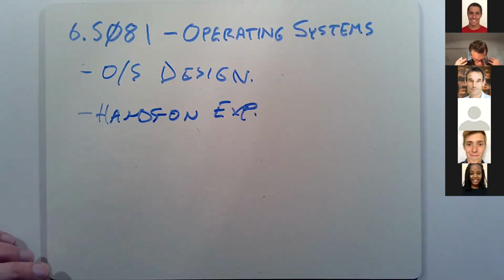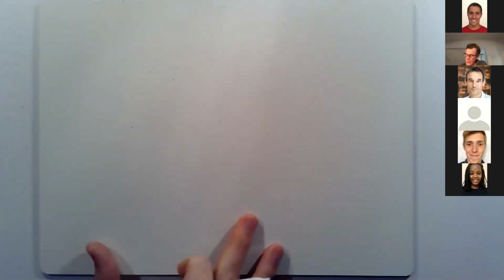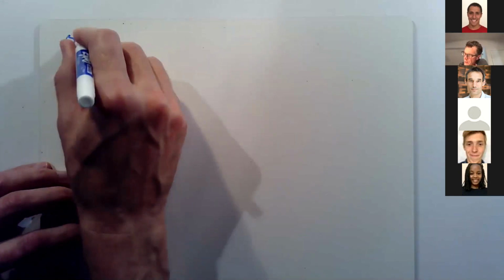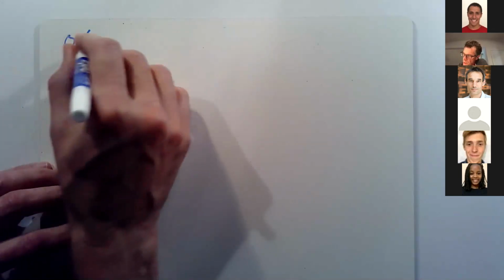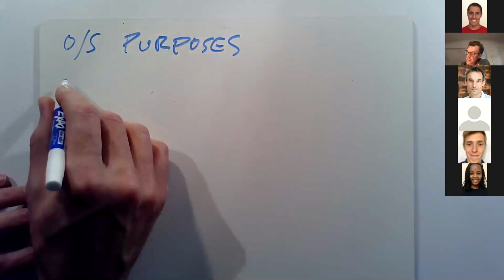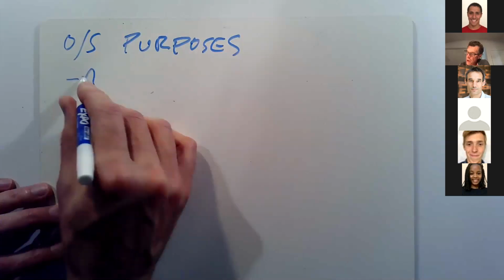We're also interested in what the purpose of the operating system itself is, as well as of the course. So I have a list of a couple of things which, even though there are lots of different operating systems out there, they typically have a common set of purposes. One of them is to abstract the hardware.